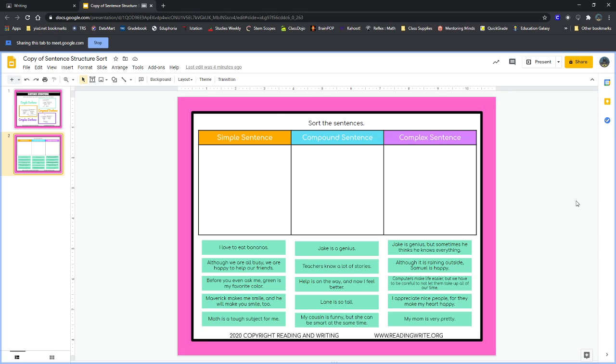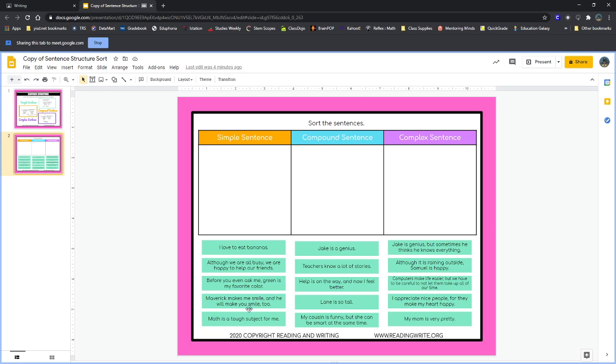We have that simple sentence, but we're not just stopping at the end. We're giving extra information about that hoverboard. So it's not just I want a hoverboard. We're saying I want a hoverboard with, and then we're saying what extra parts we want on that hoverboard.